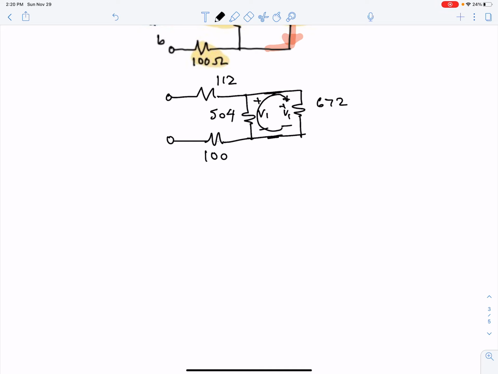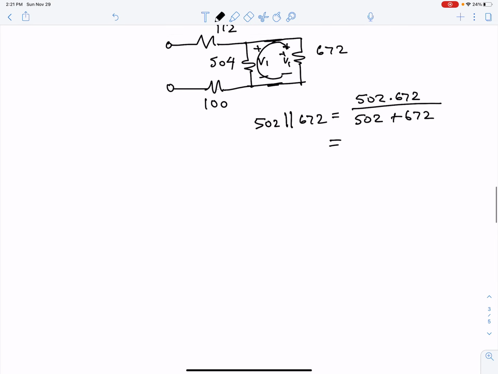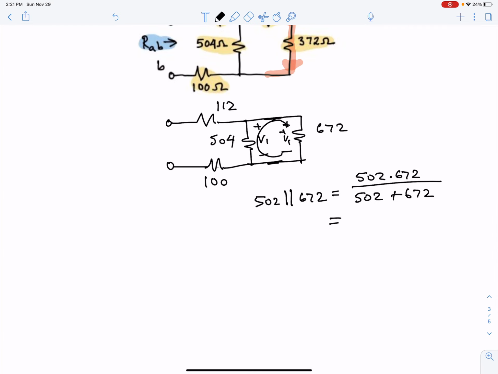You can write down that 502 is in parallel with 672. That's the notation we often use for parallel resistance. And that calculation is 502 times 672 divided by 502 plus 672. Let me just tell you what that answer is.